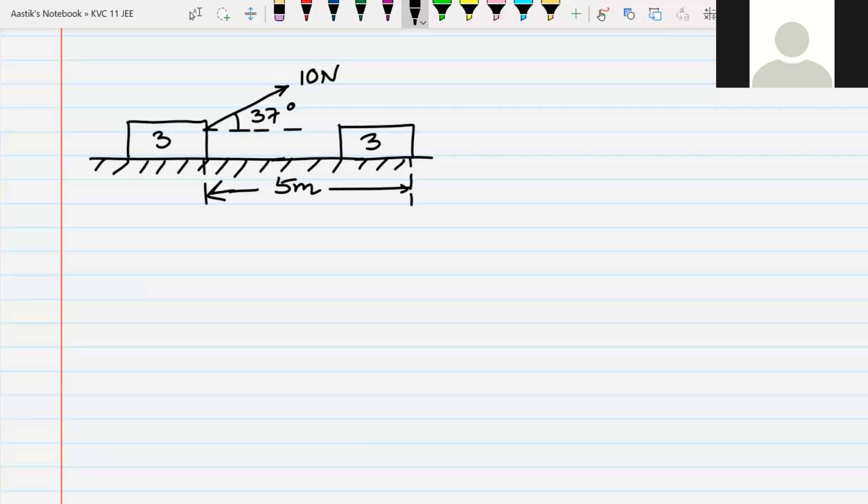Sir, 40 newtons. 40 Newton by which force? You have to find the work done by all the forces.